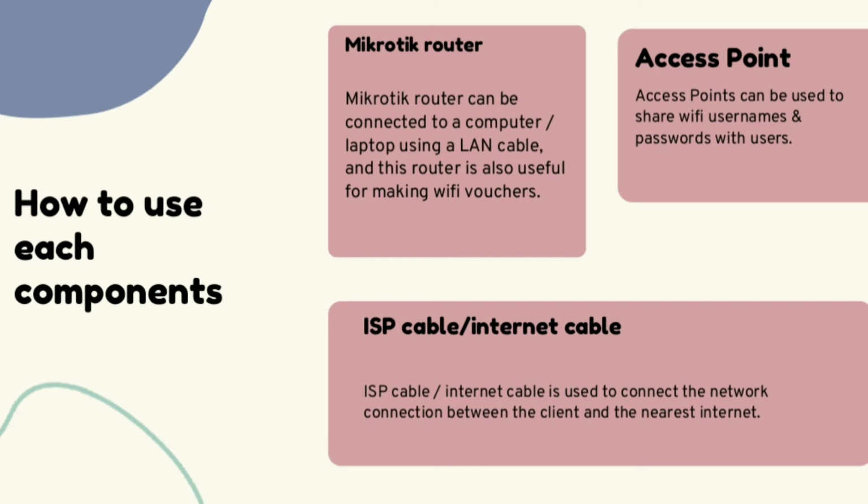Access points can be used to share Wi-Fi usernames and passwords with users. ISP cable or internet cable. The ISP cable is used to connect the network connection between the client and the nearest internet.